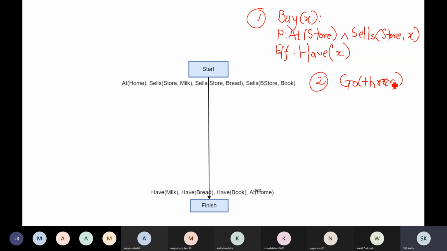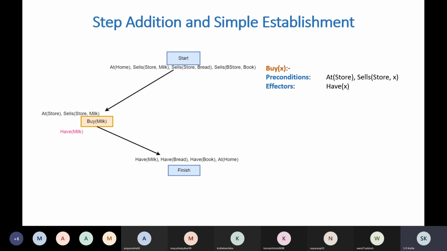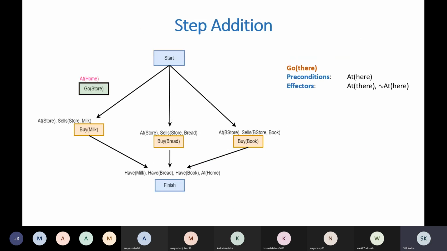What is the precondition and what is the effect? To perform this step, the precondition is the robot should be at here. And the effect will be the robot will be at there. Initially it is at here, then it will be at there, and at here will be false.